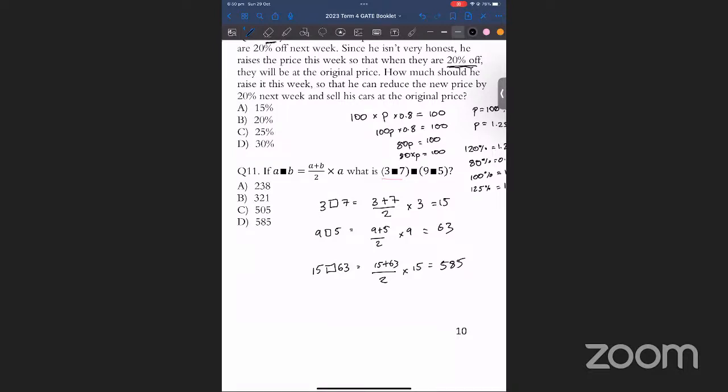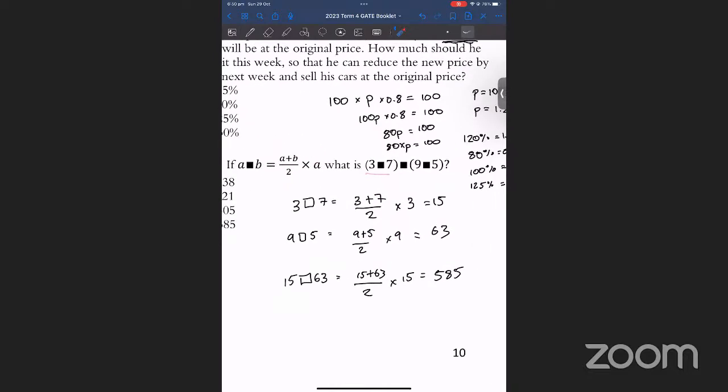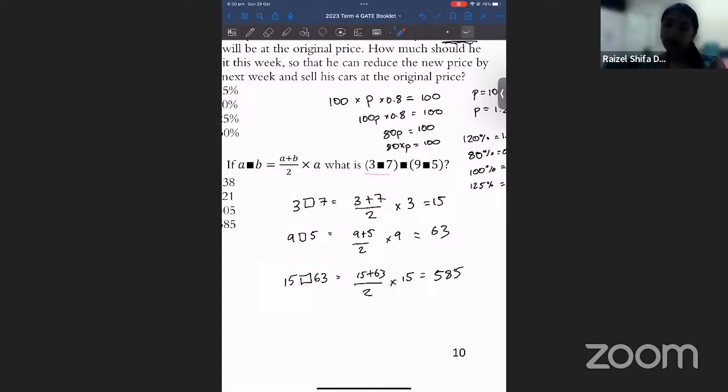Because the square here is not a magical formula or anything. It's just saying that whenever you see the square, you take the left number, you add it to the right number, you divide by 2, and you multiply by the left number again. So to give you an example, 3 box 7 is 3 plus 7 divided by 2 multiplied by 3. 3 plus 7 is 10. 10 divided by 2 is 5. 5 multiplied by 3 is 15.